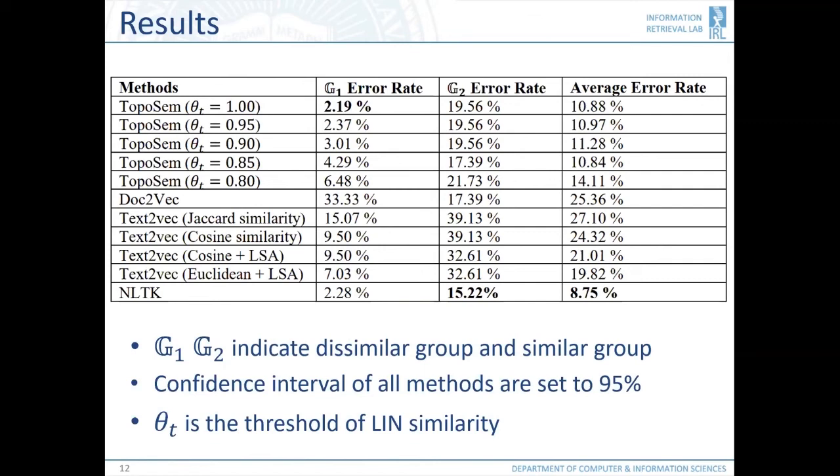Which means if we set theta equal to 1.0, only exactly the same word or exactly the synonym word are taken into account and generate the edges between them.